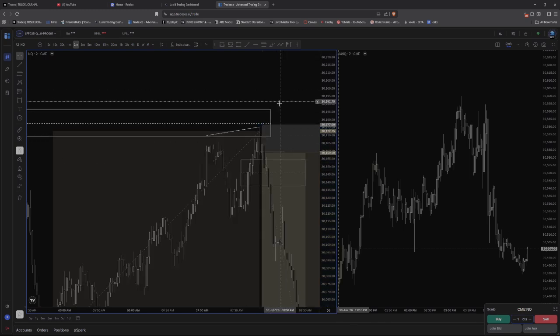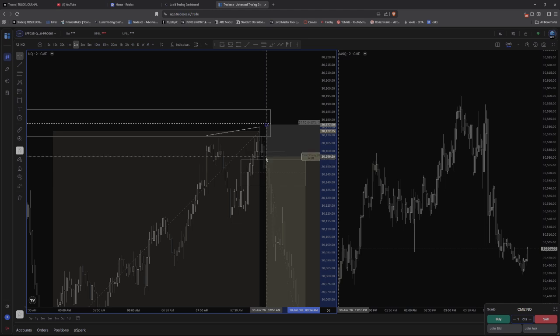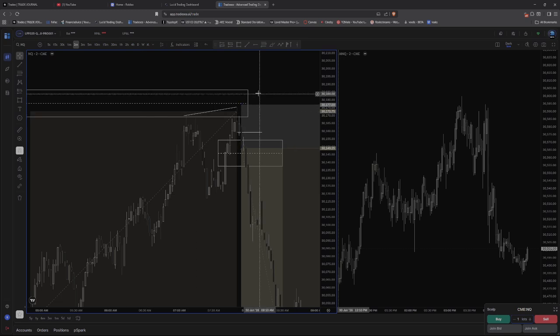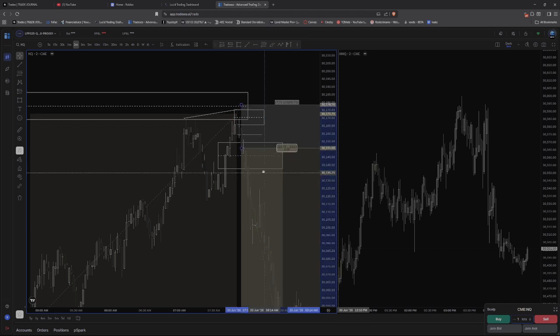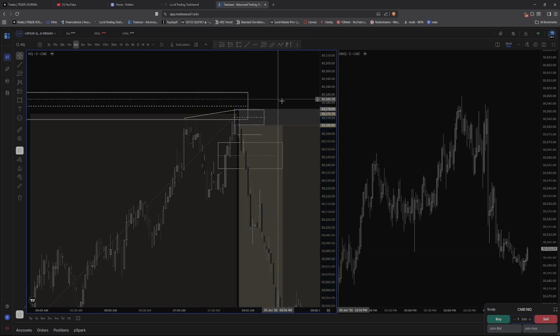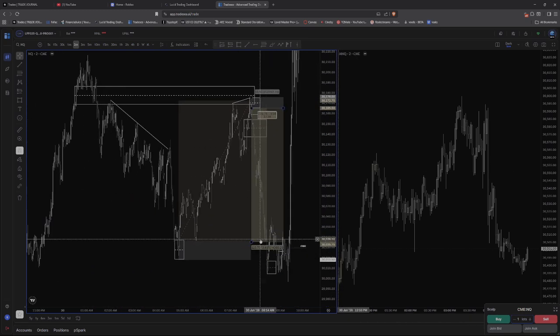You could have taken this, maybe sniped your entry, that's 4.68 RR instead, or even this 2-minute rejection block, right? There's just so many. The CSD and rejection blocks are just the best for entry triggers, okay?